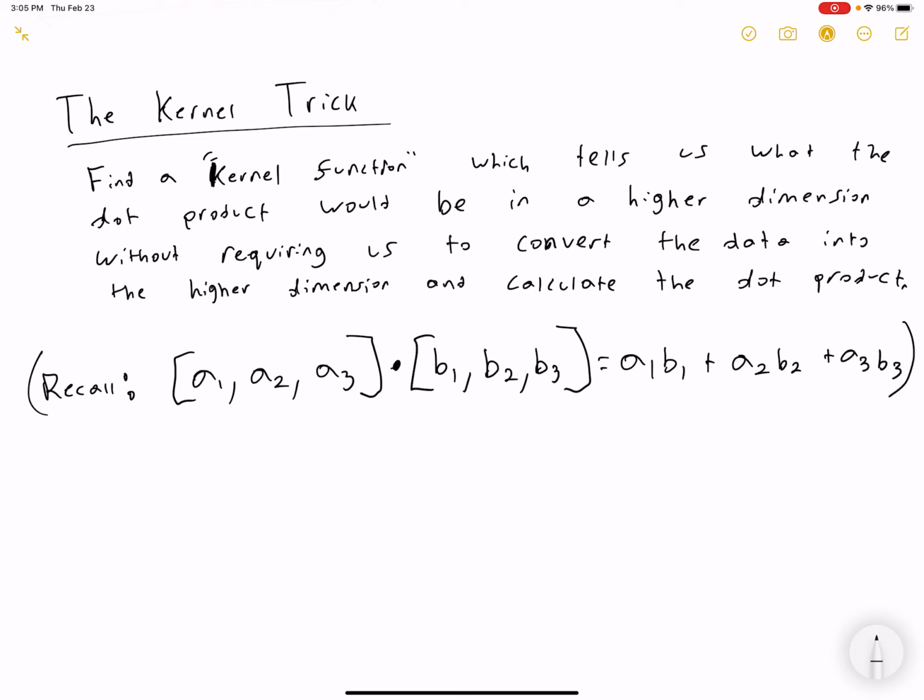So that's a scalar. So no matter how high dimensional your data are, when you take the dot product of the two vectors, you get a scalar, so a number at the end of that.